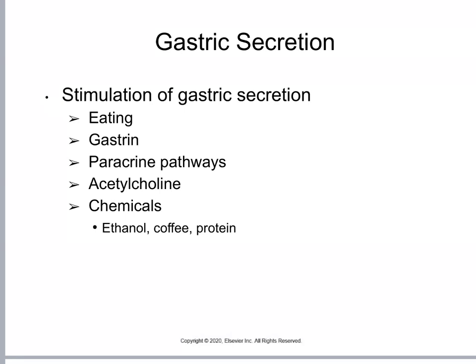So paracrine pathways, this is a kind of signaling from cell to cell in the stomach. This is like a local type of communication. So histamine is actually released, which boosts acid secretion. So sometimes people will get antihistamines or histamine blockers.